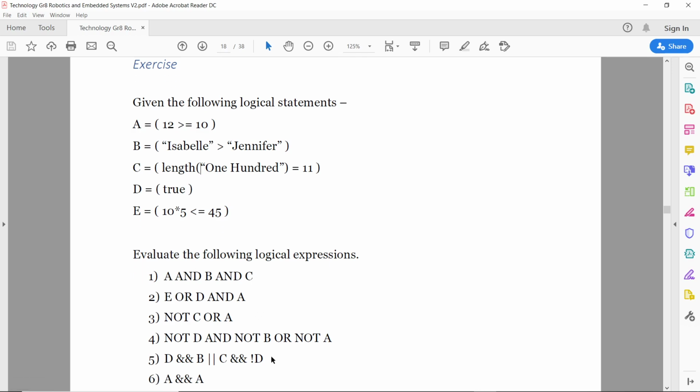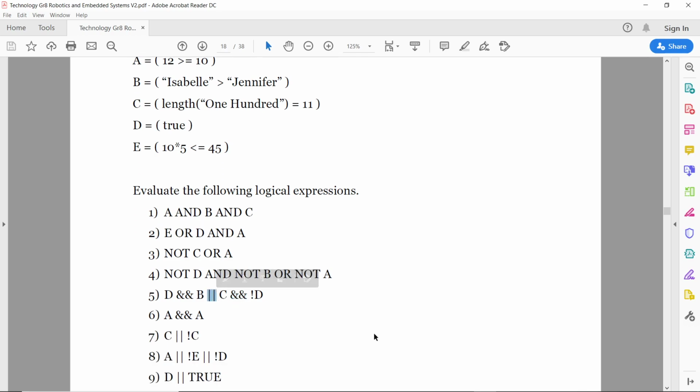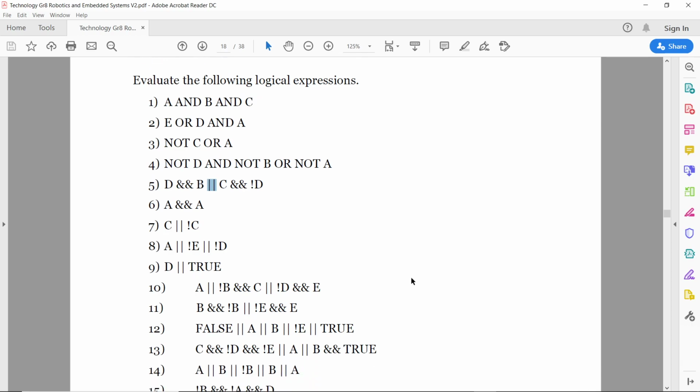Remember, not, that exclamation mark is another way of writing not. So I could write the word not, or I could put an exclamation mark. That there is an and, ampersand, ampersand, and that is an or. 2 vertical bars is an or.